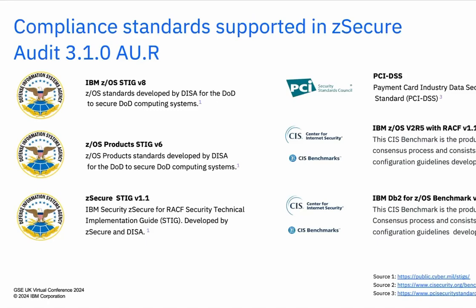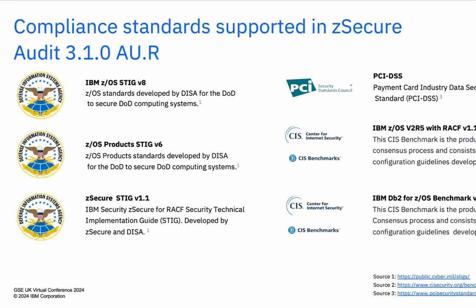We have the z/OS STIG version 8, for ACF2, for RACF, and for Top Secret. Then we go through all the different products or subsystems that can be installed on your system. There are also separate standards published by DISA.